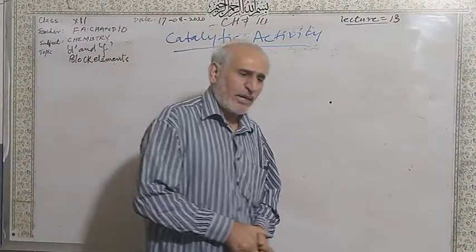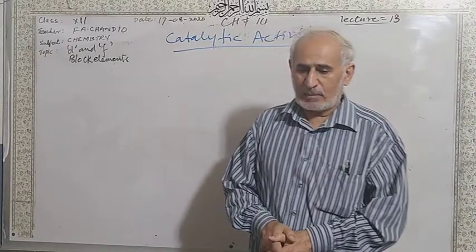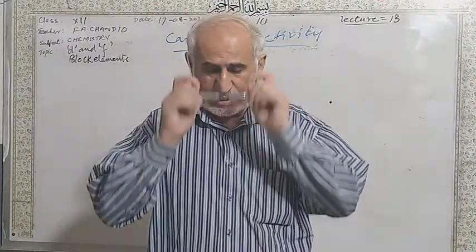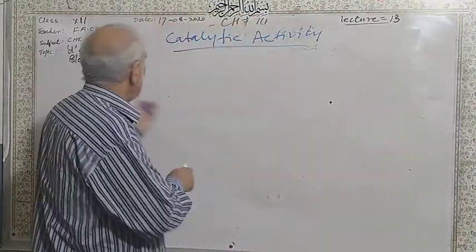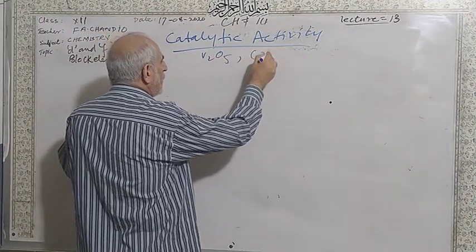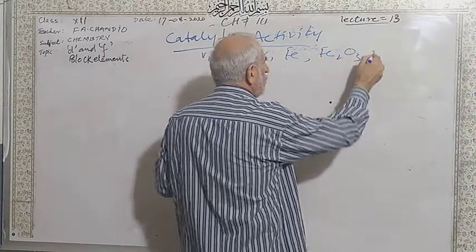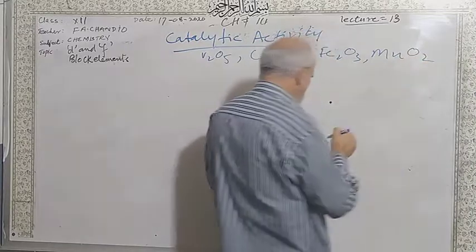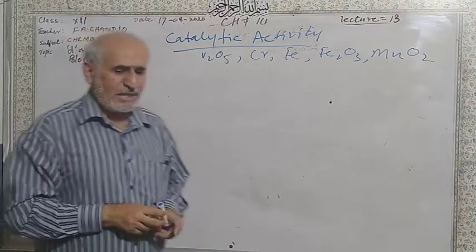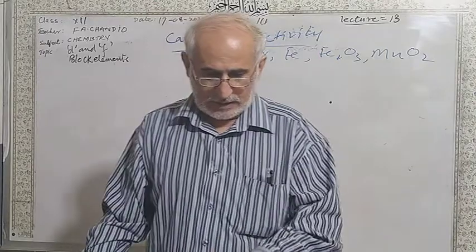After completion of the reaction, we can recover the catalyst, but the phase may be changed. Students, catalysts are very important. Vanadium pentoxide, chromium, iron, iron oxide and manganese dioxide are used; you will see many catalysts. These are used to increase the speed of the chemical reaction.